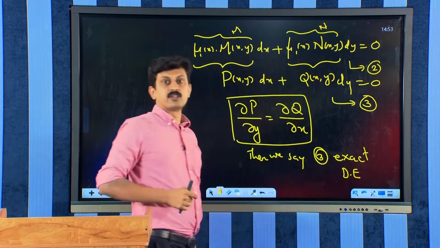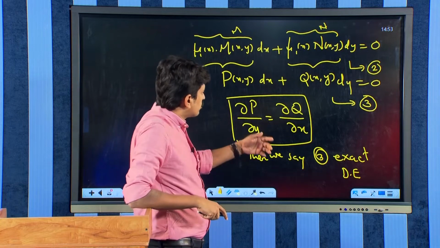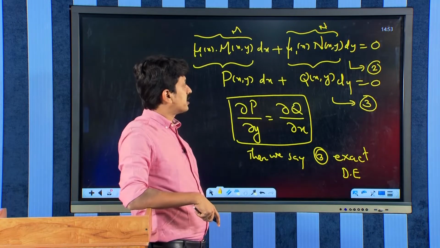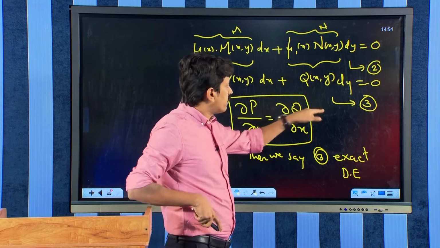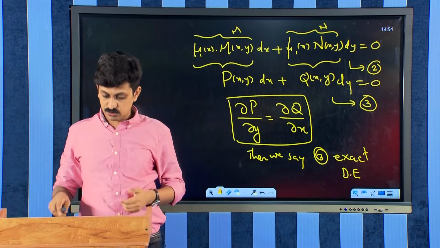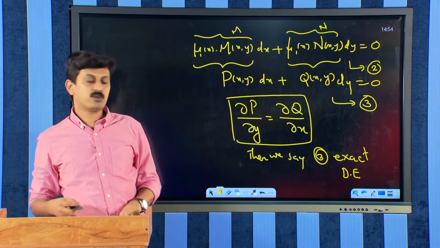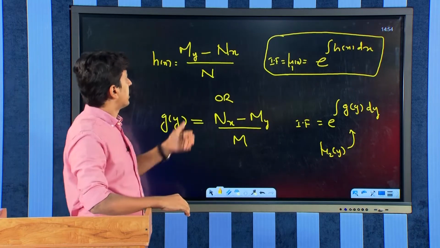Then we say equation 3 is an exact differential equation. See, my dear students, if 3 is an exact differential equation, you can solve 3. By solving 3, you will get the solution of 2. The solution of 2 is actually the solution of equation number 1. Okay, so this is the method to find the integrating factor.